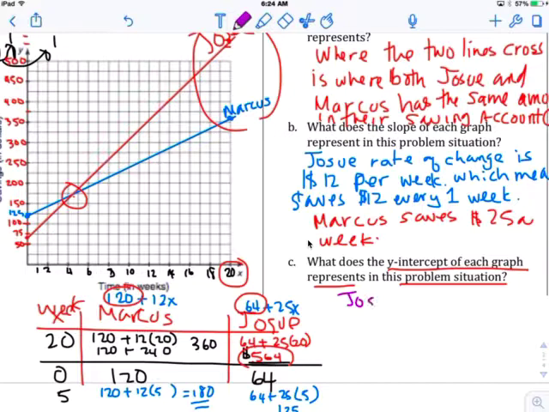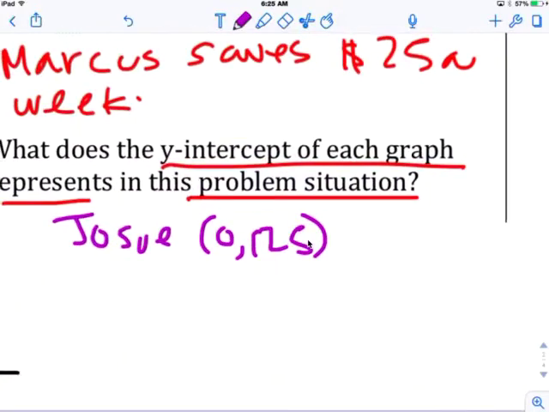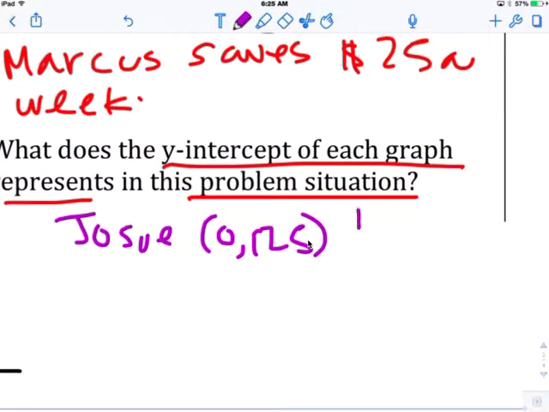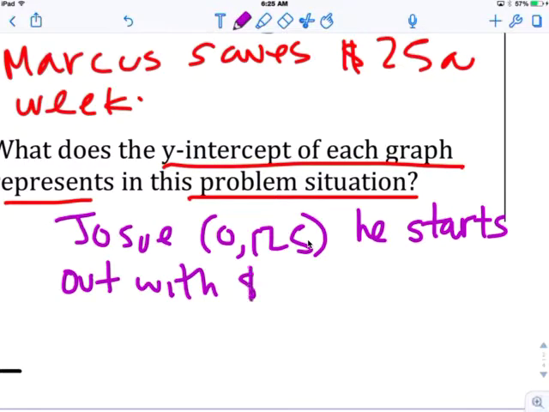Josue: 0 to 125. He starts out with $125 already saved.